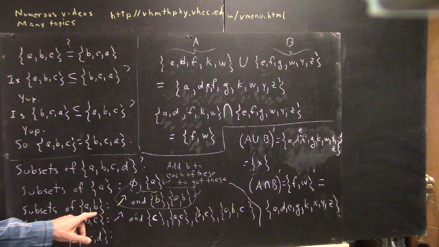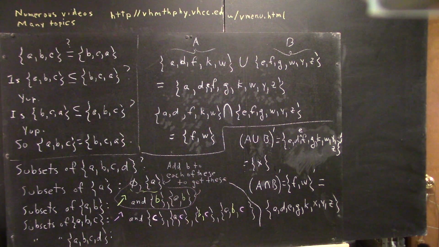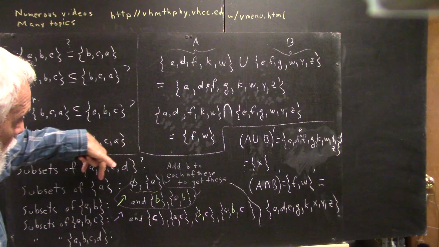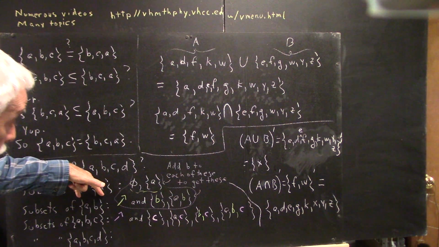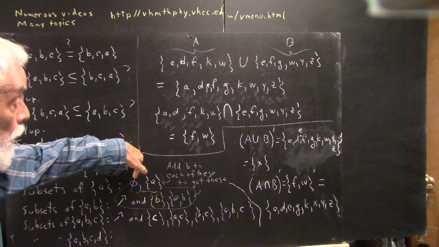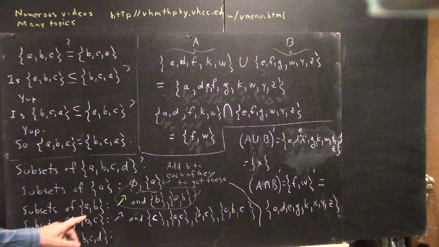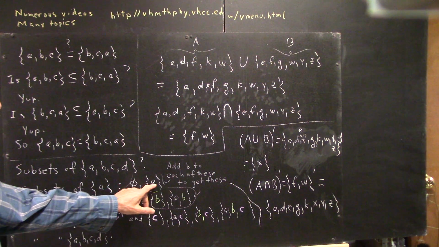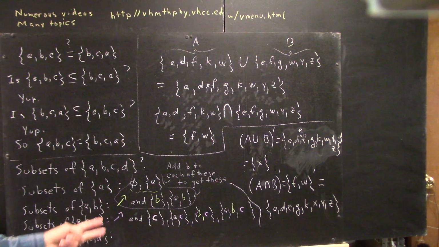Well, we just added something to the existing set. Both of the subsets of this set have to be subsets of this set, so we've already got two subsets. If we simply add B to each of these, we get two new subsets.